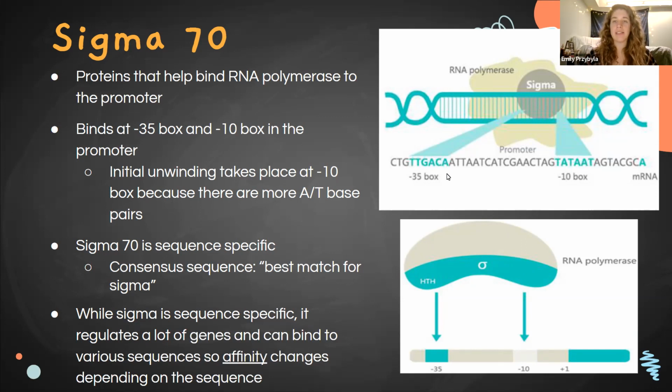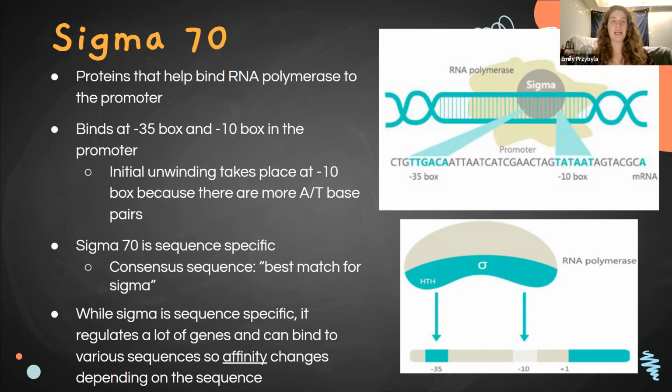You might have heard of the TATA box, where we bind to originally unwind DNA. There are a lot of T's and A's, and that makes sense because there are only 2 hydrogen bonds between T's and A's versus 3 between C's and G's. So it's easier to unwind there.